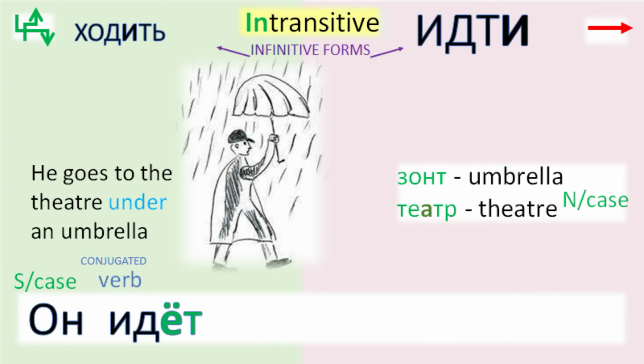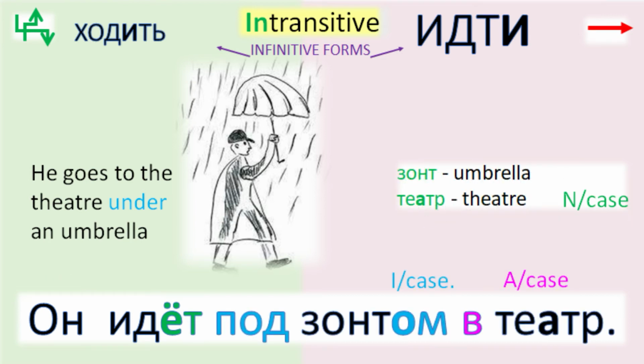Then put the nouns Зонт и театр in the correct cases. Он идет под зонтом в театр.